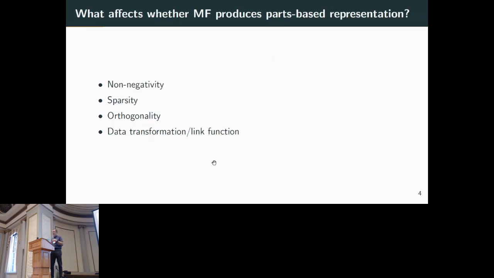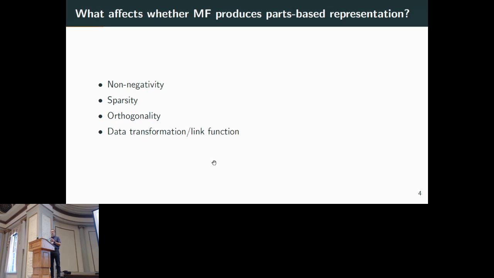So what affects whether matrix factorization methods produce parts-based representations or not? That is, what affects whether the parts, the decomposition, is interpretable? I think several things influence this, and I'm going to try to talk briefly at least about all four of these today. So one, and the first approach that people used to try to induce parts-based representations perhaps, is non-negativity.